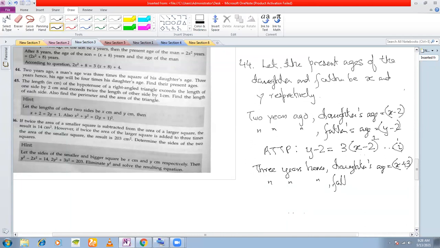Father's age is y plus 3. So according to the problem, 3 years hence, his age, that means father's age, y plus 3, will be 4 times the daughter's age.